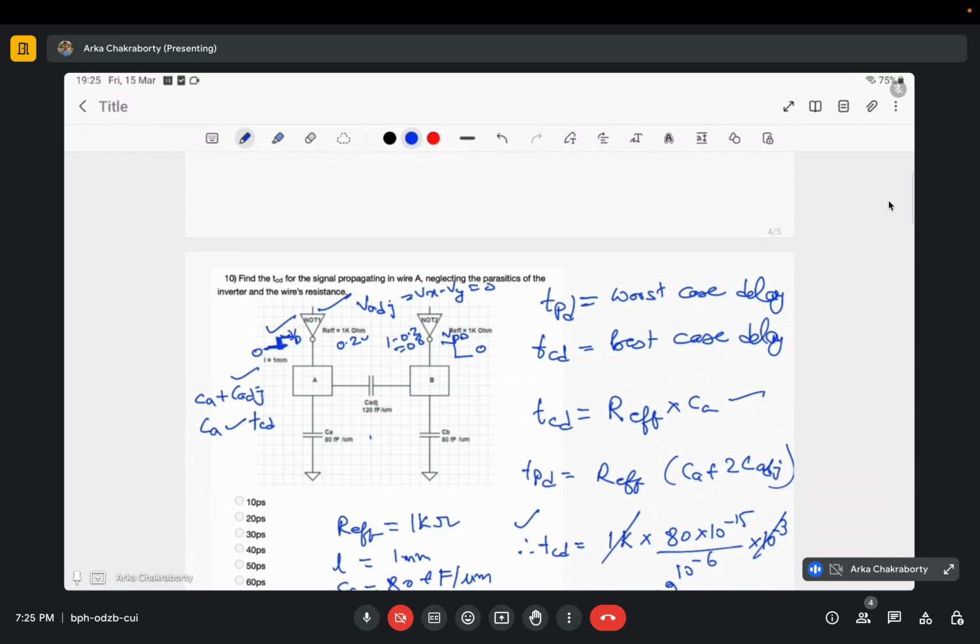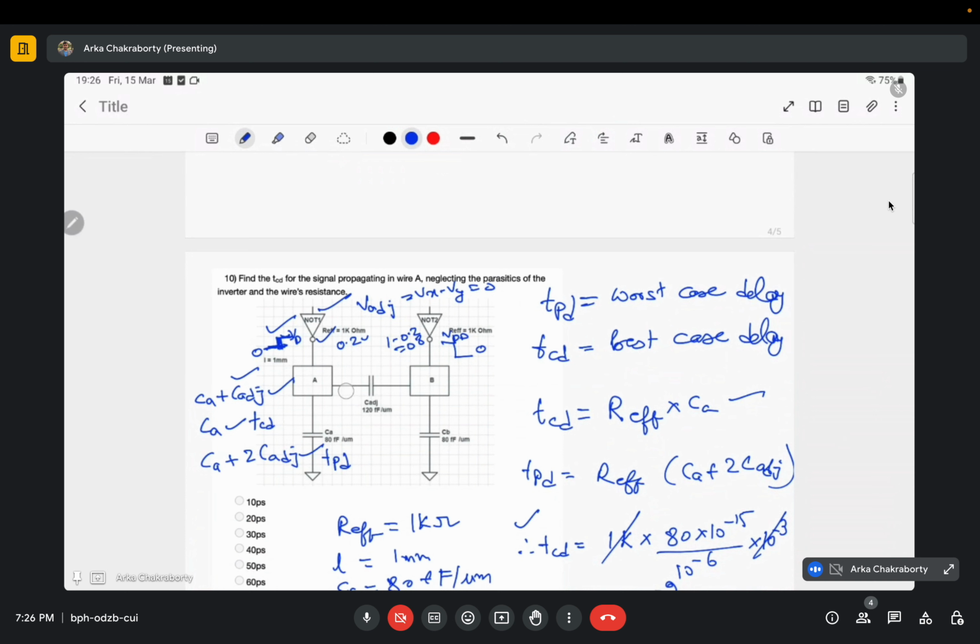The work done by this aggressor circuit to discharge it would now be twice that of the earlier condition. That's why I am saying the capacitance would be CA plus 2C adjacent, and this is the worst case, so it gives the propagation delay because it has the highest amount of capacitance. Is it clear from where we are getting this?